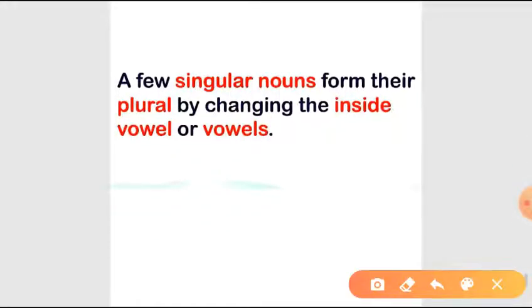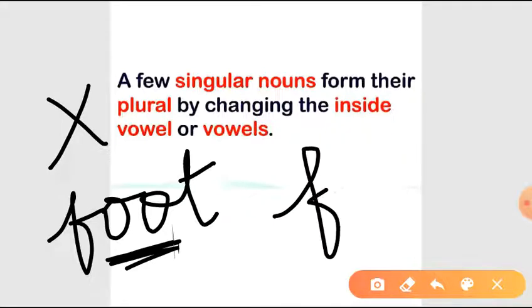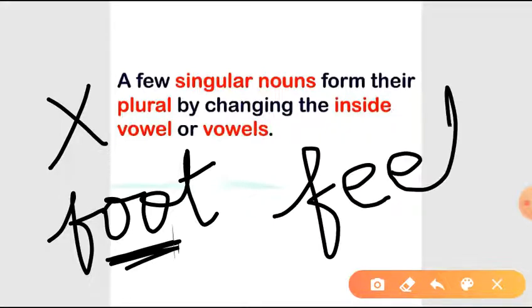A few singular nouns form their plural by changing the inside vowels. Children, this too is not a rule because it is not valid everywhere. Like, let me show you one example. See, this is the word foot. So to convert it into plural, what we do, we simply change the inside vowel. We will convert it like this: feet.